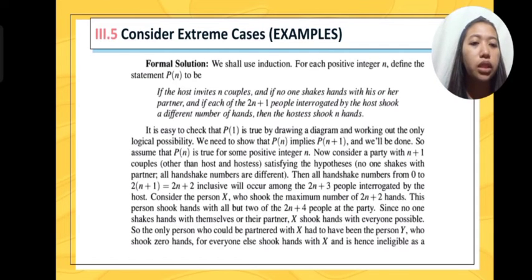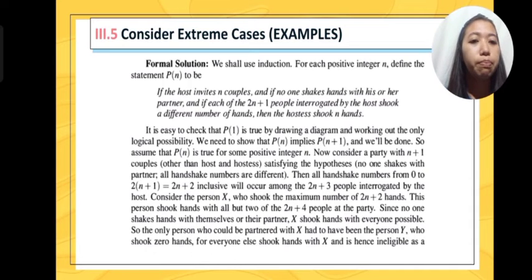Consider the person X who shook the maximum number of 2n plus 2 hands. This person shook hands with all but 2 of the 2n plus 4 people at the party. Since no one shakes hands with themselves or their partner, X shook hands with everyone possible.